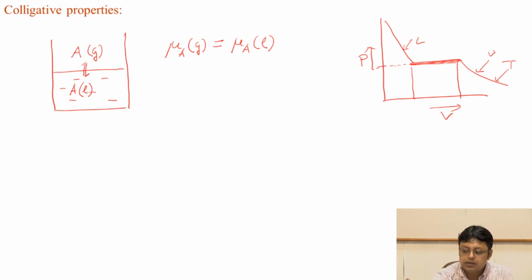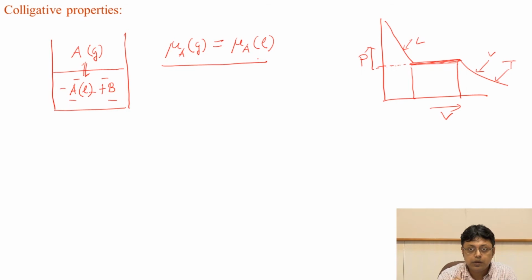We already discussed it. So suppose we have a second component now, B, which is a solute, say some salt, and we add it into water. When we consider boiling, it is the boiling of water, not the boiling of the salt. So this condition still holds.